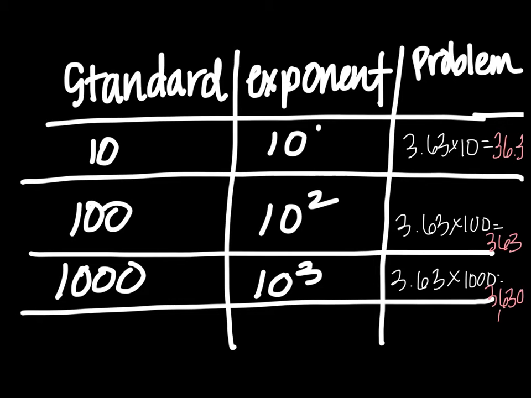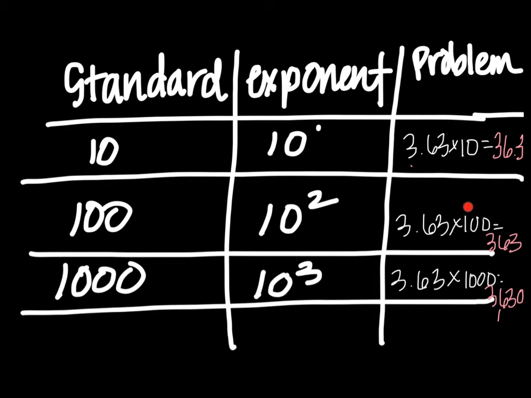Hopefully you're noticing that the decimal is moving. In our first one, when we multiplied by 10, my decimal moved one place to the right, so instead of being 3.63, it's now 36 and 3/10.